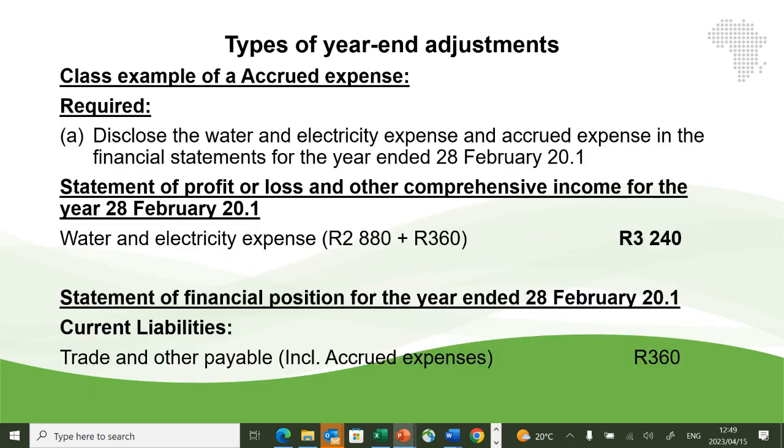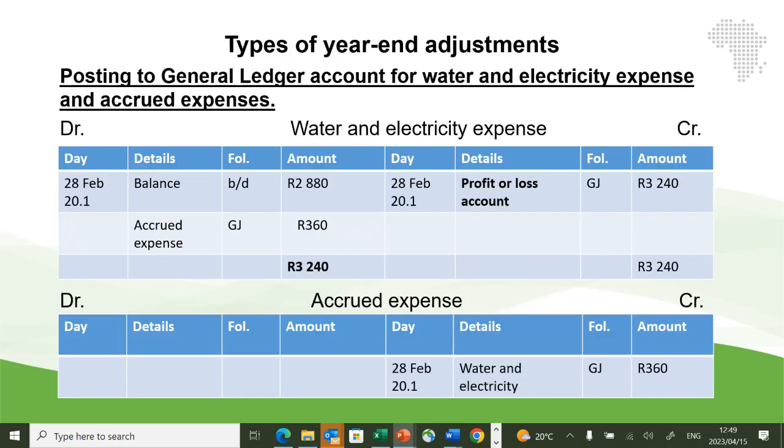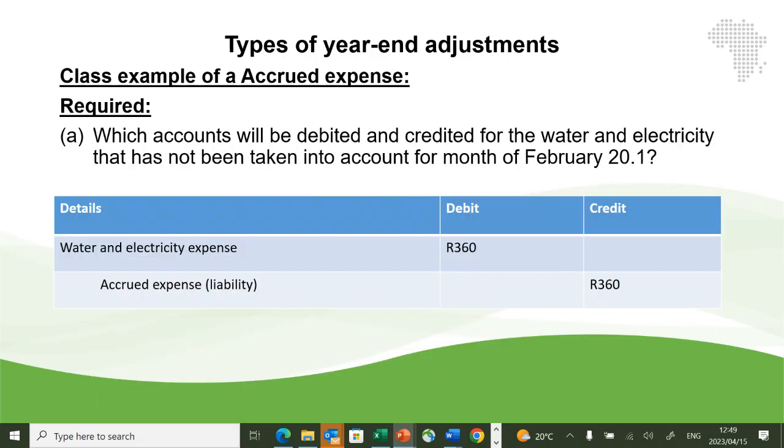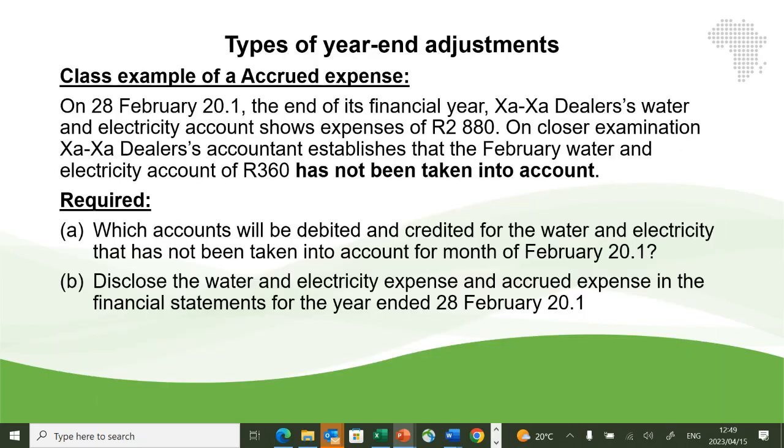Maybe before we move to requirement B, where we needed to disclose this in the financial statement, I want us to post that journal entry into the general ledger accounts for water and electricity and your accrued expenses. So we have this water and electricity account. Already you were told that at the end of the financial year, the water and electricity account shows expenses of 2,880.